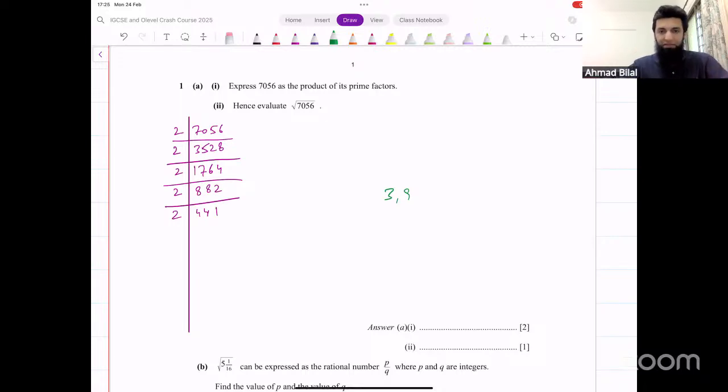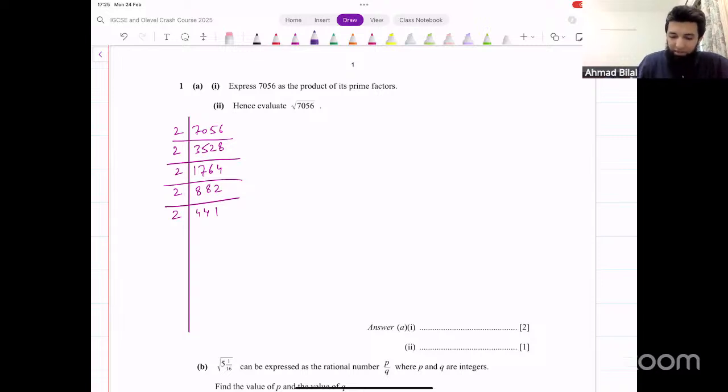So if the sum of digits of a number is divisible by 3, that means that number is divisible by 3. If the sum of digits of a number is divisible by 9, that number is divisible by 9. So this property works for both 3 and 9. So this number can be divided by 3.